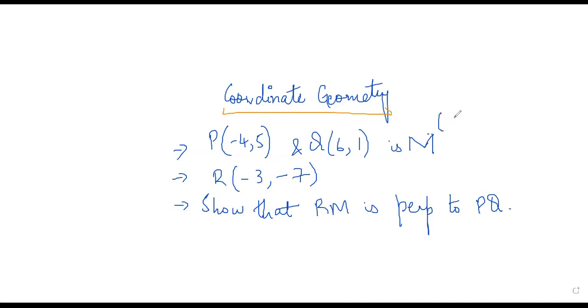So I think the answer is 1, 3. So x is 1 and y is 3. But now apply the formula of gradient and tell me whether they are perpendicular or not.